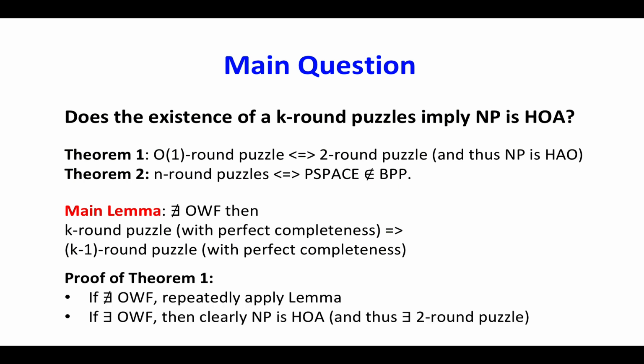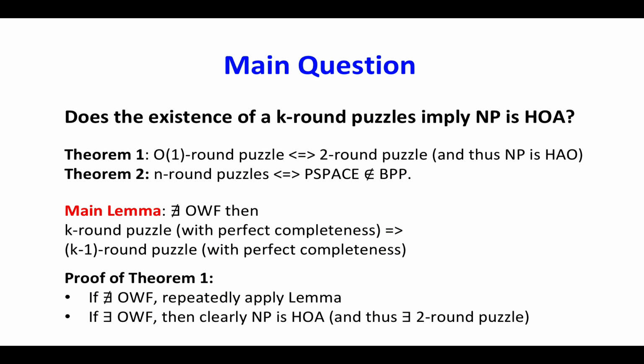And if you have that, then you can very easily prove that a constant round puzzle implies this, by considering two cases. Either one-way functions don't exist, in which case you can take k to k-1, from k-1 to k-2 and so on and so forth, and get it down to 2. Once you're down to 2, you have an average case hard problem in NP. If one-way functions exist, on the other hand, then trivially you have an average case hard problem in NP, which is equivalent to a two-round puzzle. So in either of these two cases, we have a two-round puzzle.